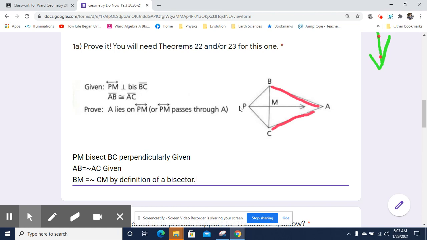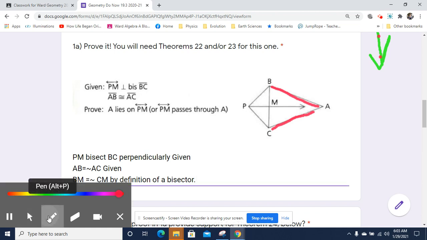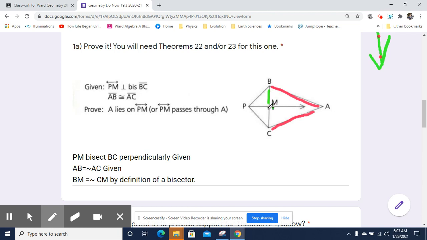It's a perpendicular one, but any bisector would split that into congruent segments. So let's go ahead and mark those up. So that is congruent to that.